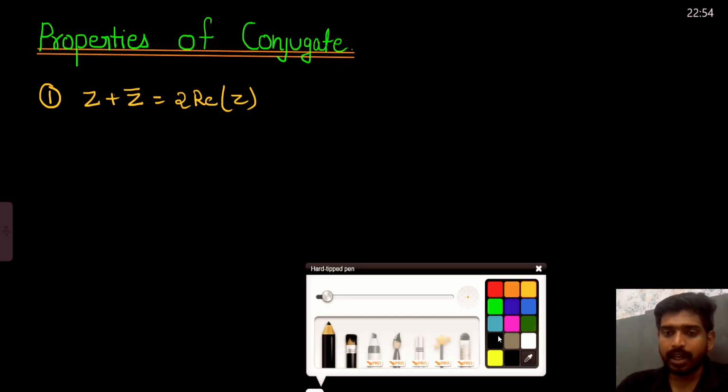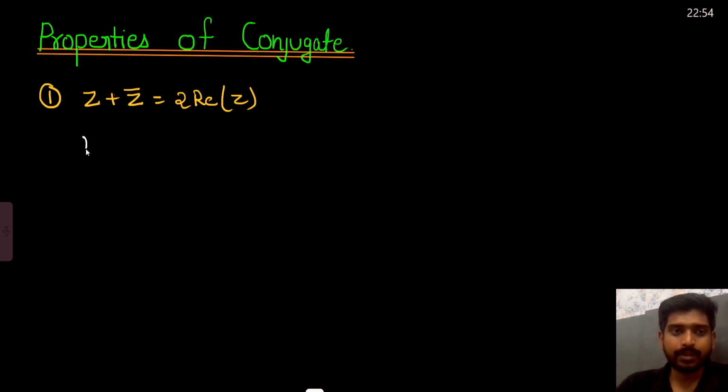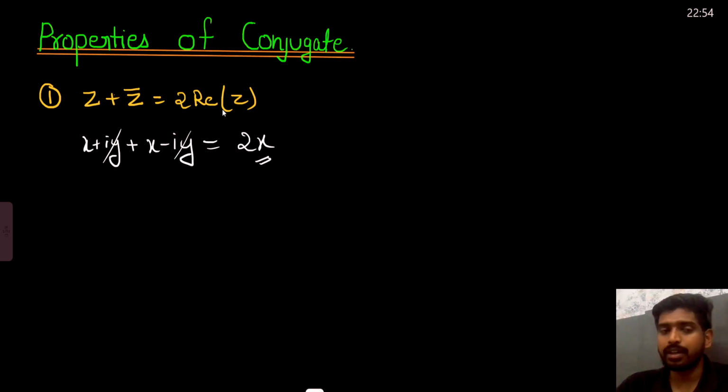Complex number z is x plus iota y. So what is this z bar? Z bar will be x minus iota y. So minus iota y and plus iota y will get cancelled. The imaginary part will get cancelled, and we will get 2 times x, which is 2 times the real part. Got it? Any doubt?